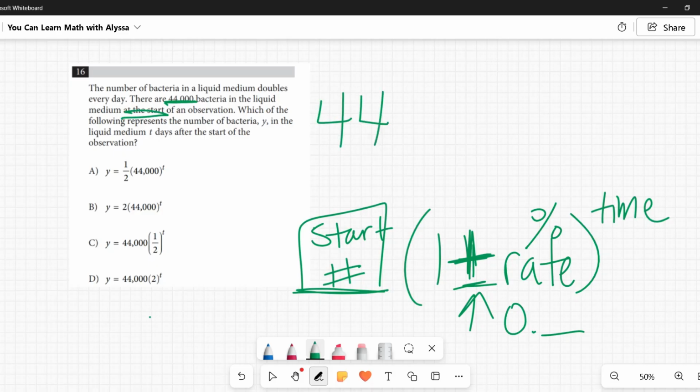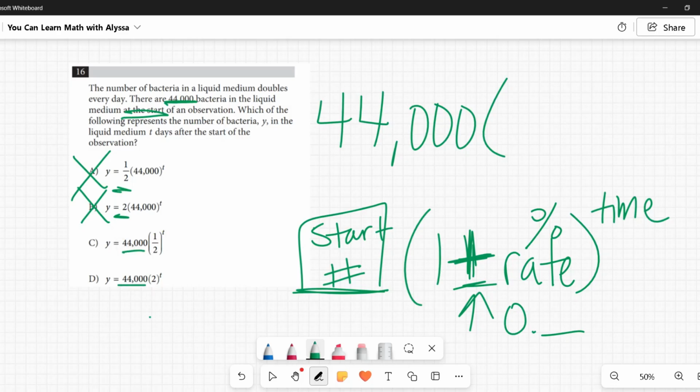All right, so I know my starting number goes out front. Already, A and B are out because they have 1/2 and 2 as the starting numbers. C and D have 44,000 as the starting numbers. You'll also notice that all of them have T, so it's the same. We don't have to worry about that. It's just going to be T.